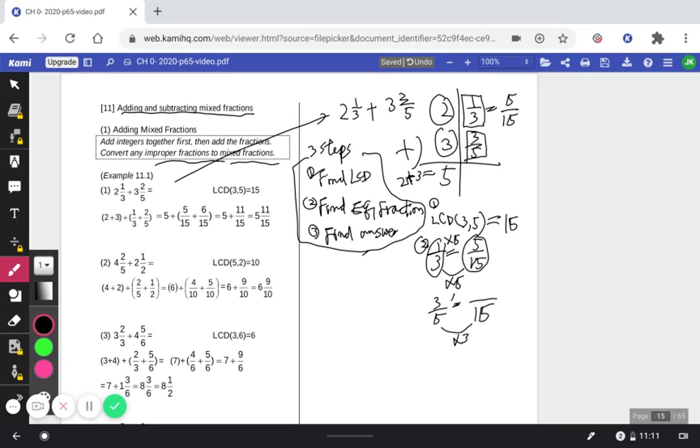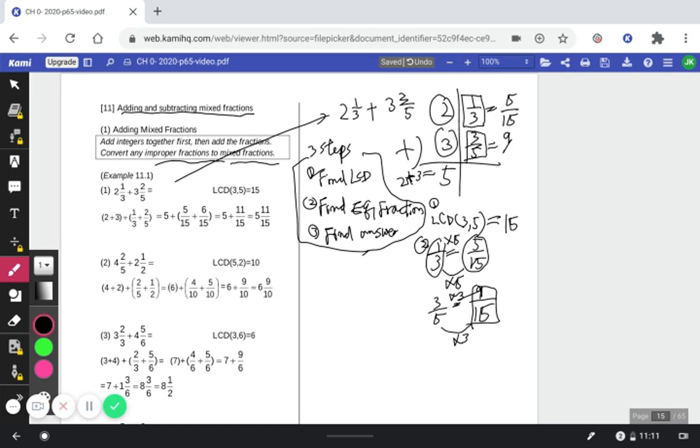So 3 times 3 is 9. So you write 9/15 on the top. So you have 5/15 and 9/15.